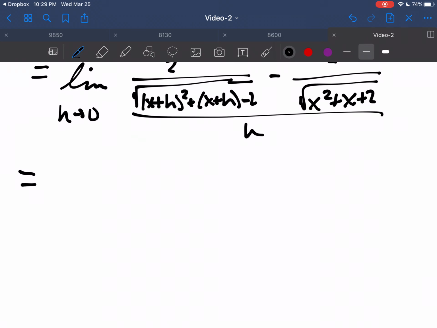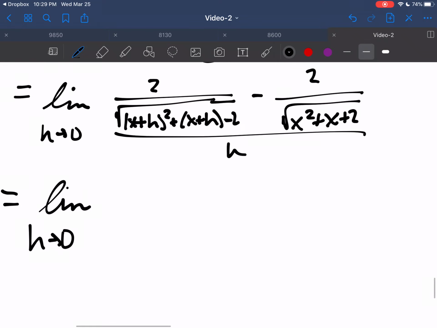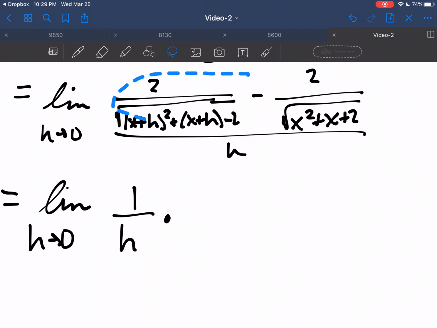So that we can simplify, so we can rewrite it. We can have the limit as h approaches 0. I'm going to rewrite this so that it's 1 over h times my numerator.